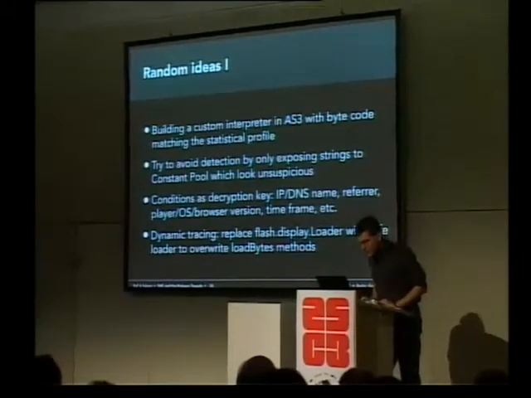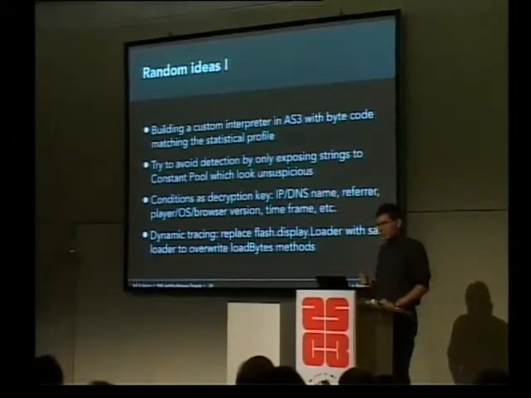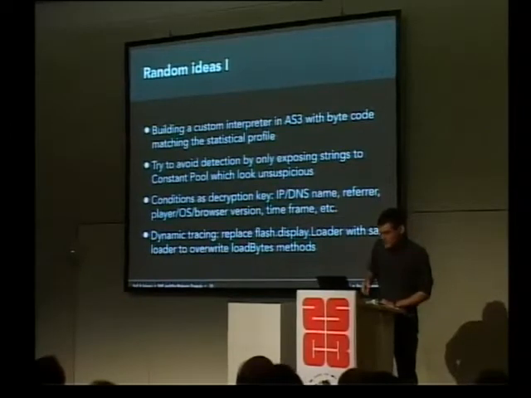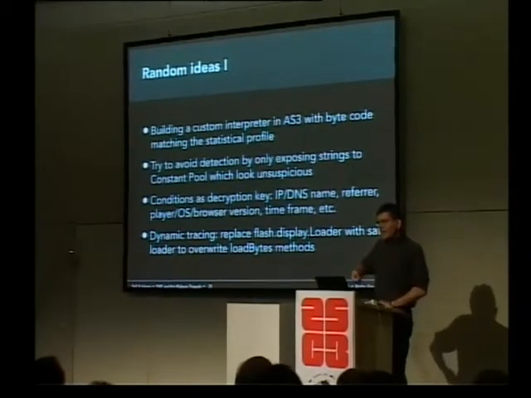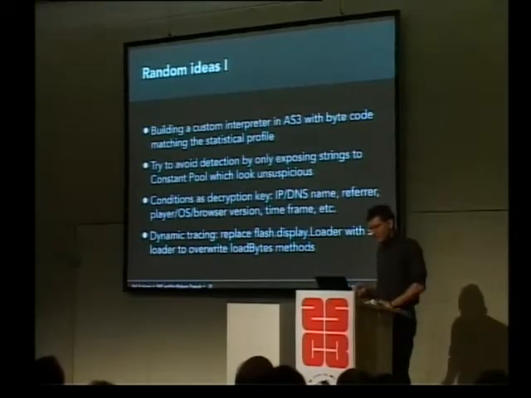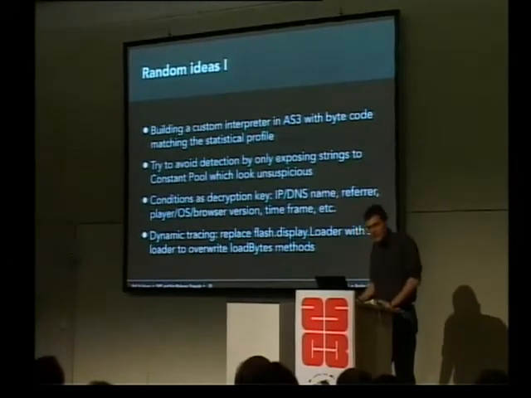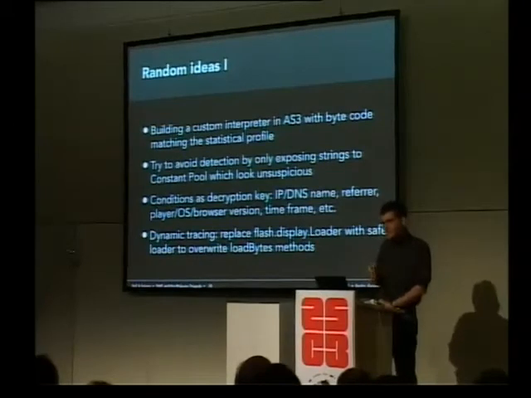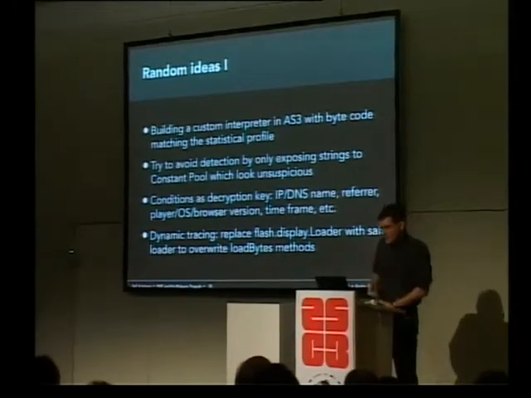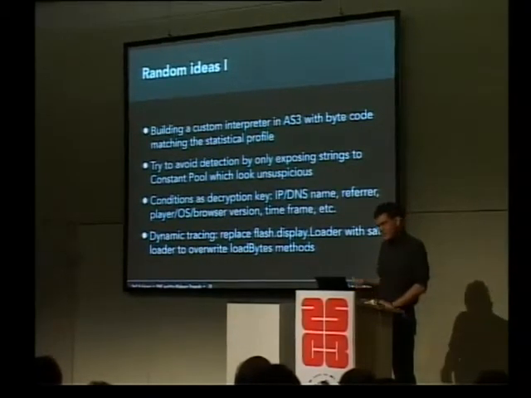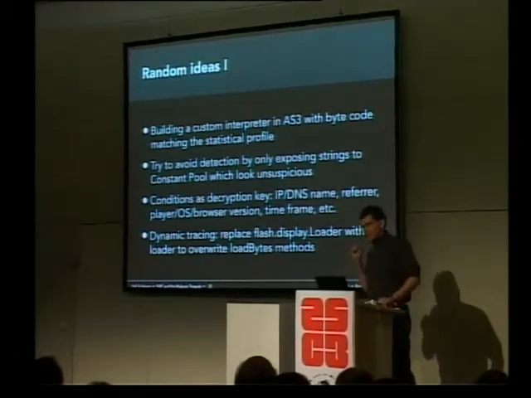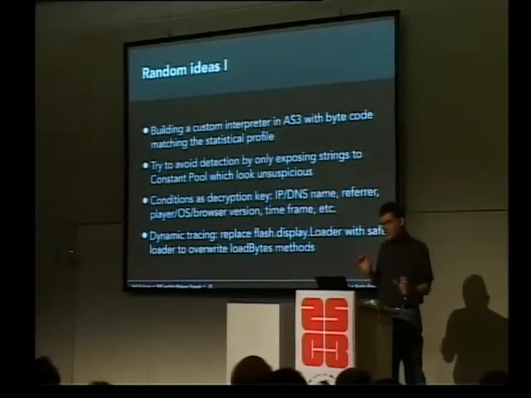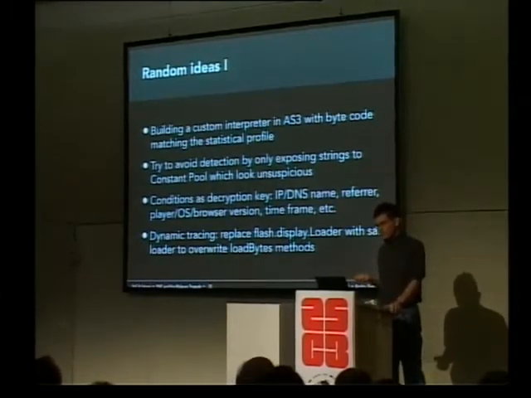So the very first: we could build an interpreter in ActionScript 3 and hide the code to be executed, matching exactly the statistical profile that we calculated earlier with the n-gram method. So the bytecode being loaded during runtime would look exactly like the code of the reference profile.